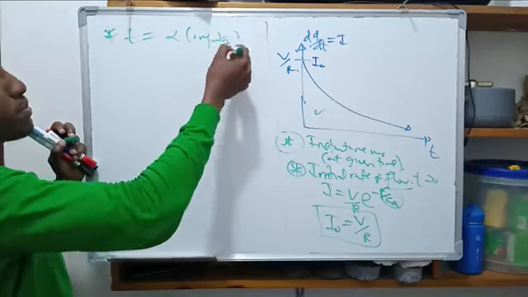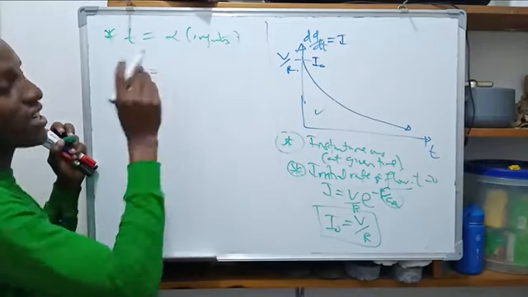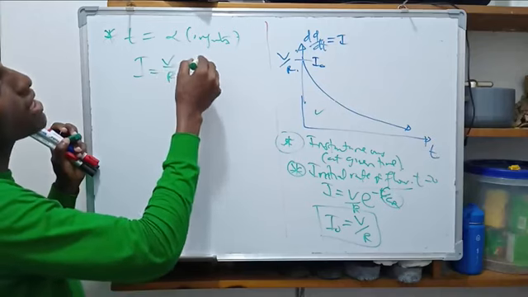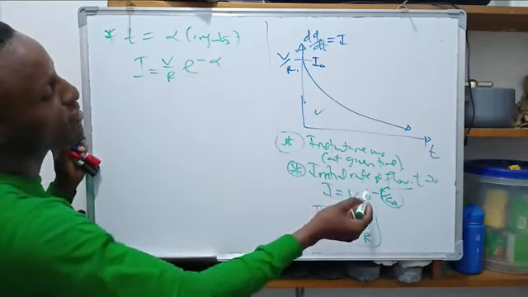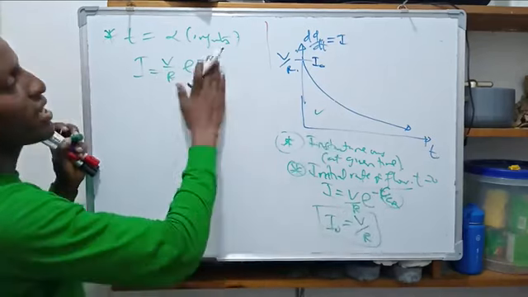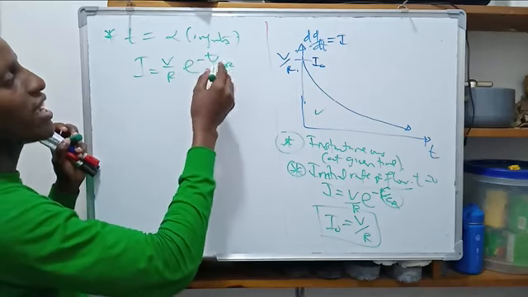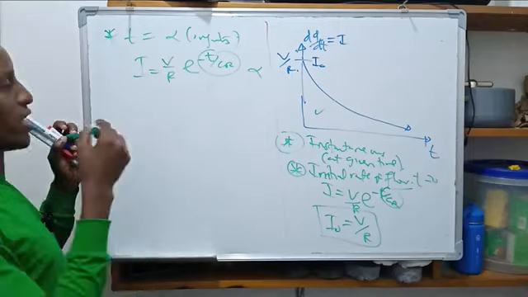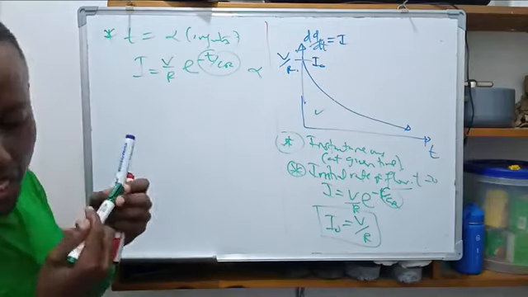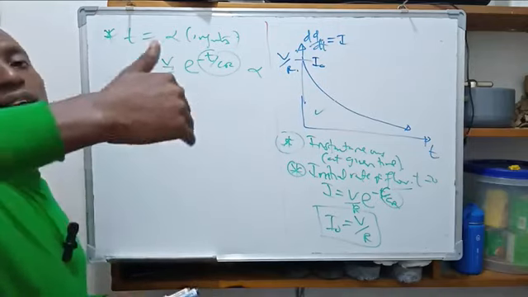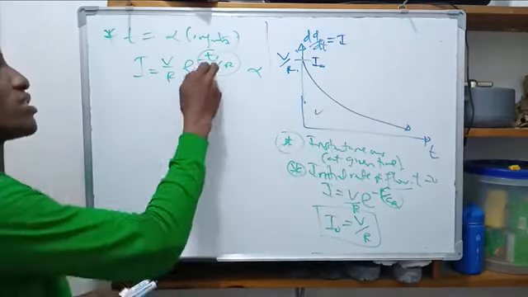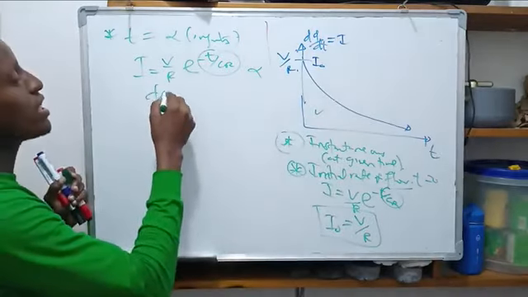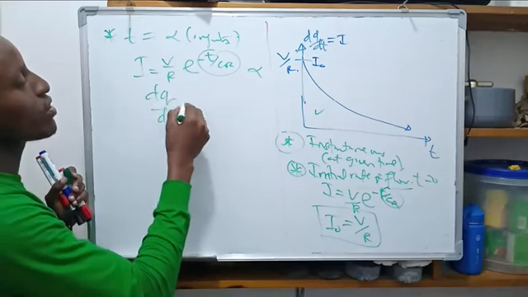The rate of flow of charges is V over R times e to the power negative t over CR. If time is very large, the whole exponent becomes negative infinity, and e to a very large negative number becomes 0. So all of this cancels, and dq per time is equal to 0.